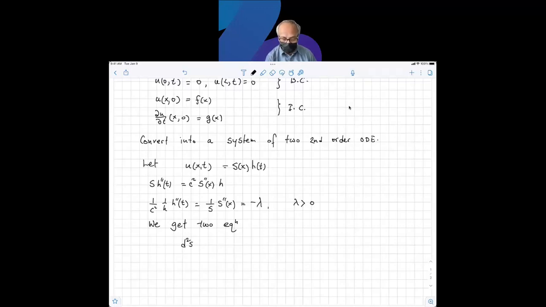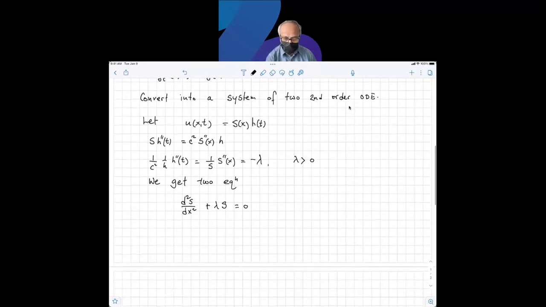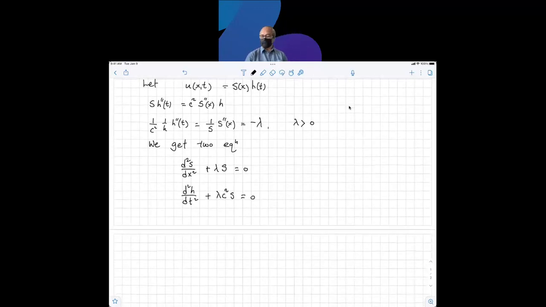If you take the right hand side, and then if you take the left hand side, you can also write down a boundary condition.